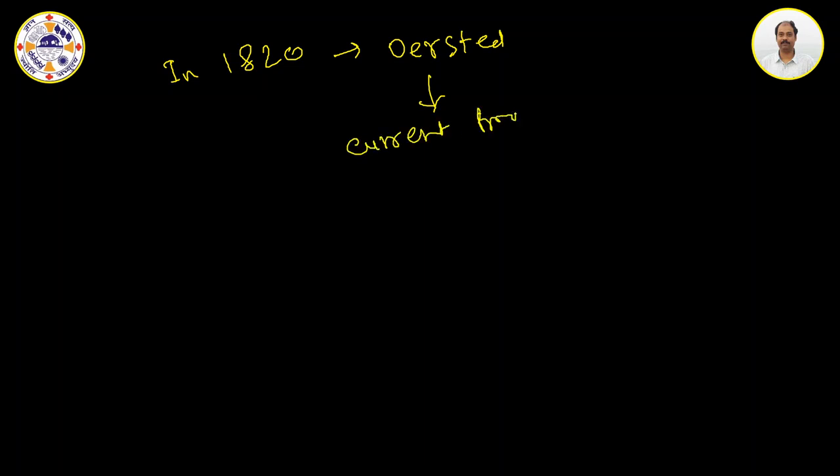Now from another angle we can define this magnetic field and we can reach the famous Biot-Savart law. In 1820, just a few weeks after Oersted announced his discovery that current produces magnetic field.